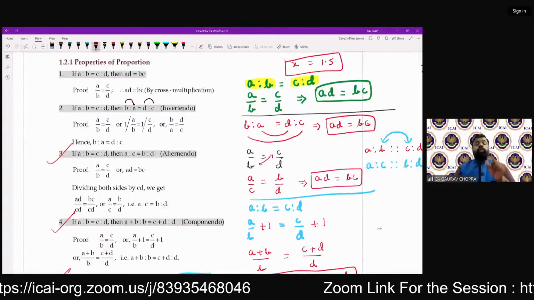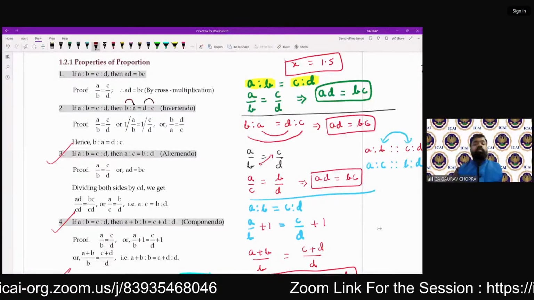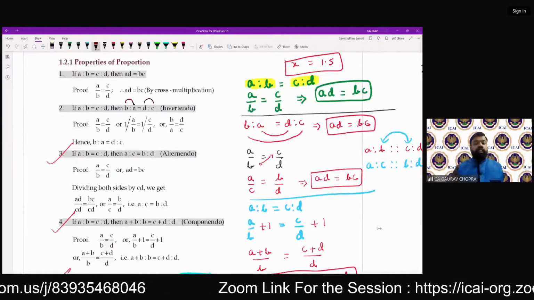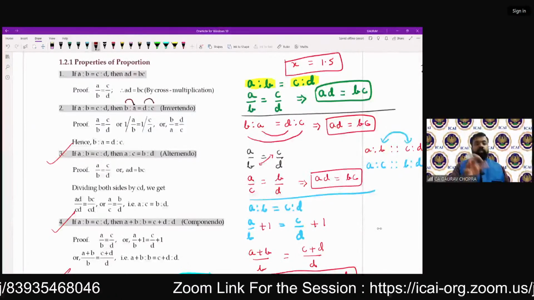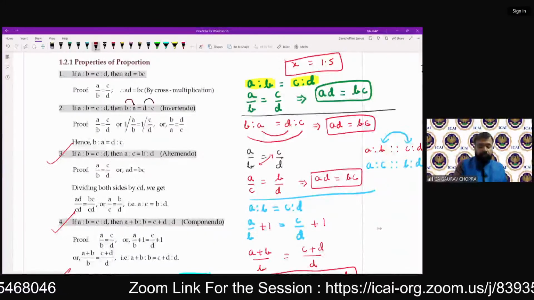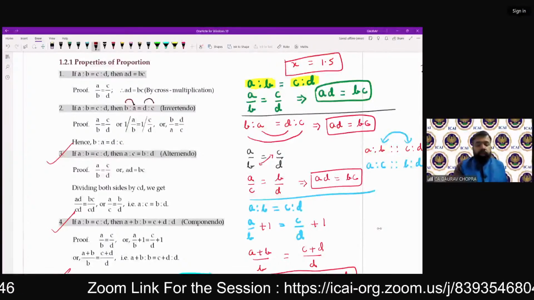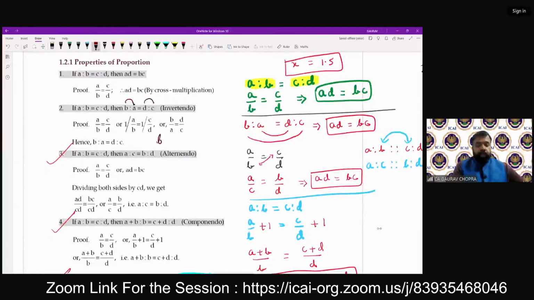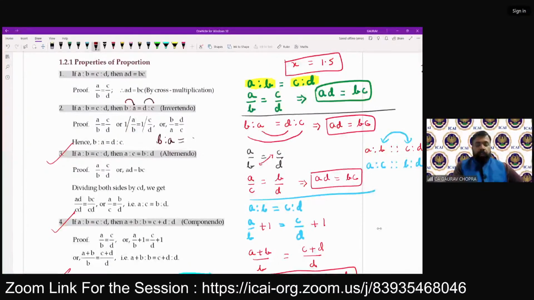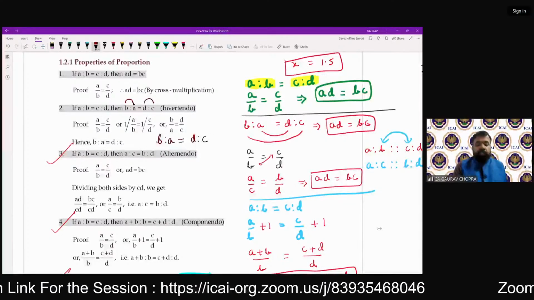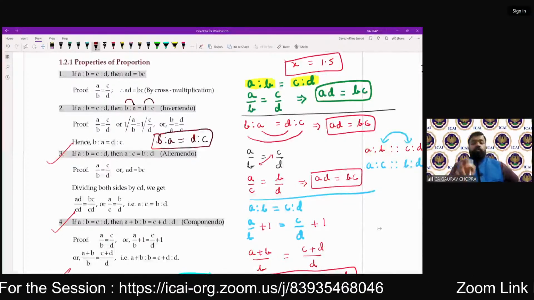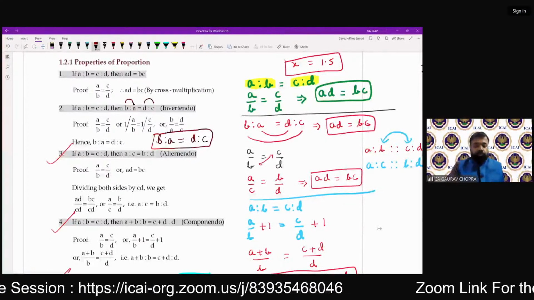Both have been inversed. So a and b will change their places and c and d will again change their places. Therefore, the ratio will become B is to A and D is to C. This is known as invertendo. We are doing the inverse.